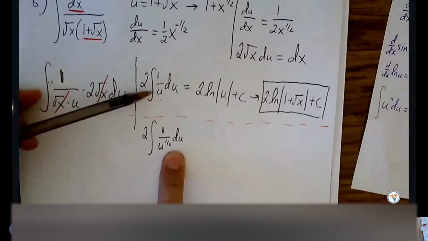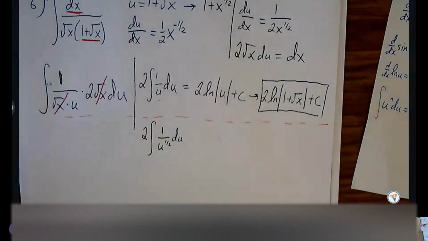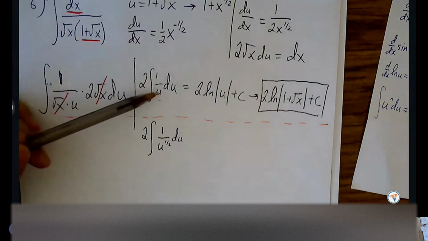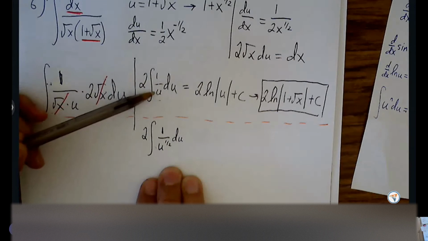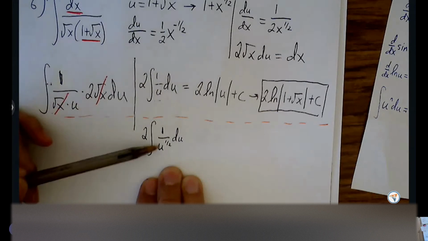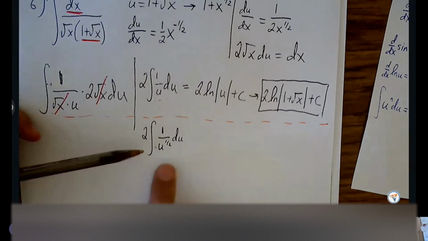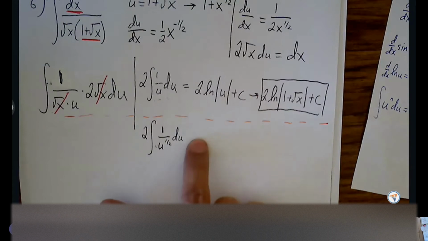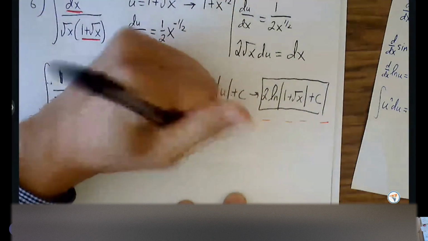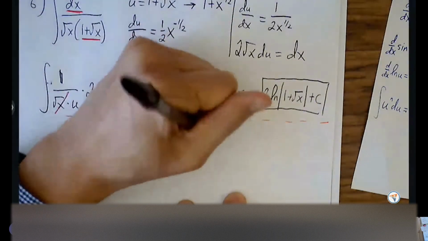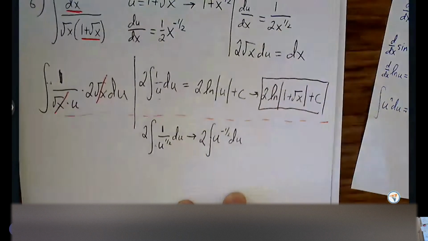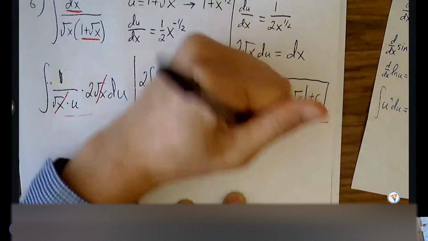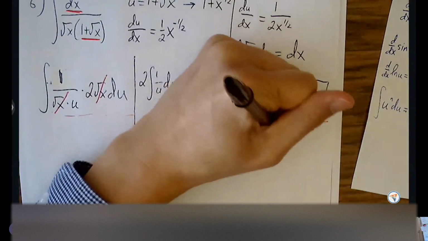So I don't want us to think that just because you see a u in the denominator, that's automatically going to be natural log. U to the first power is natural log. Everything else is power rule. This is actually the exception to the rule. Okay? The rule is mainly power rule. So here we got to bring this up. So let me work this out so you can see that distinction here. Completely different category here.